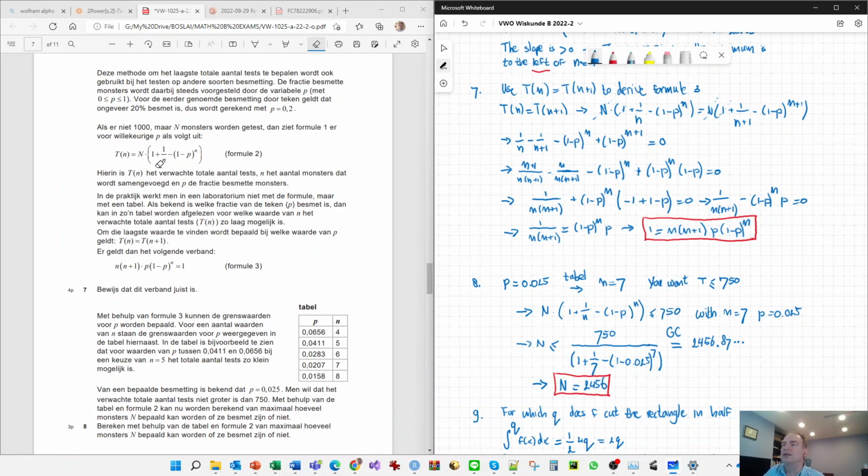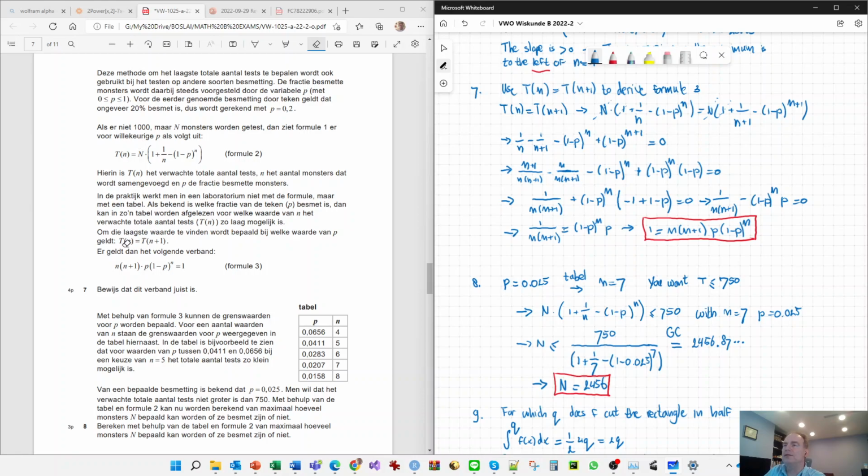Just look at this equation, and what they are asking. They're looking at a certain value for n for which T(n) is T(n+1). And again, T is given here.